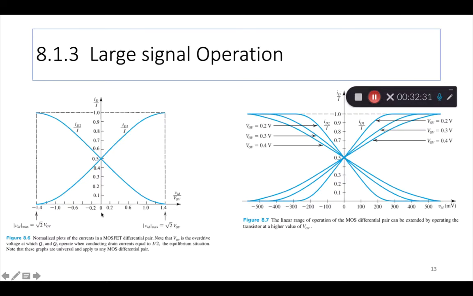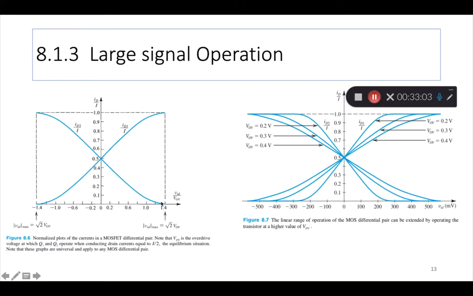Now we know that as you go in one direction or the other, that means as VID goes towards root 2 times overdrive, which is 1.4 times overdrive, or it goes to minus root 2 times overdrive, then the current switches from one device, Q1 in this case, to the other device.